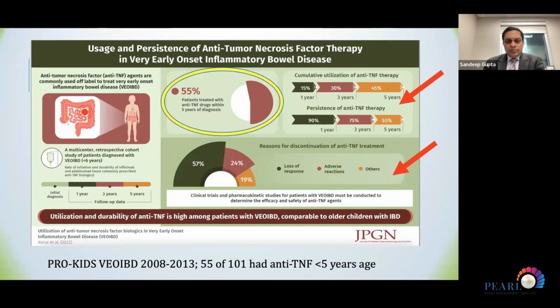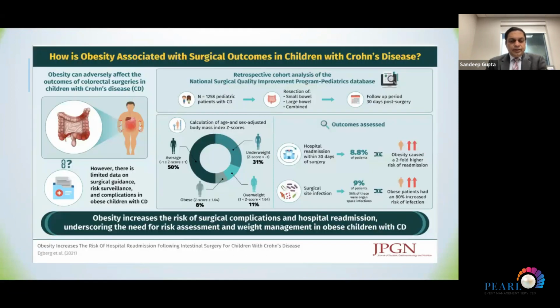So this is an important paper highlighting not only the use of anti-TNF therapy in VEO IBD, but also that the durability of response and loss of response are similar in VEO IBD to regular IBD. And this is the slide that shows you the infographic with the citation at the bottom of the infographic.